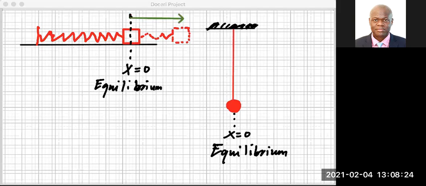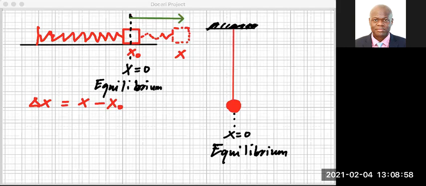Okay, so the green arrow would represent the displacement. If we labeled this x sub o, and this x, the displacement would be the final position minus the initial position.